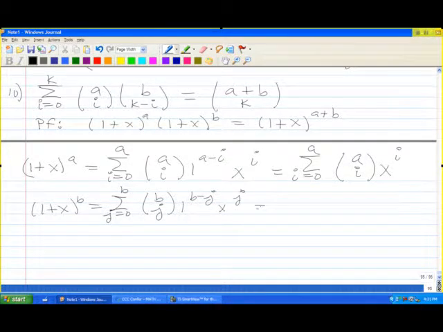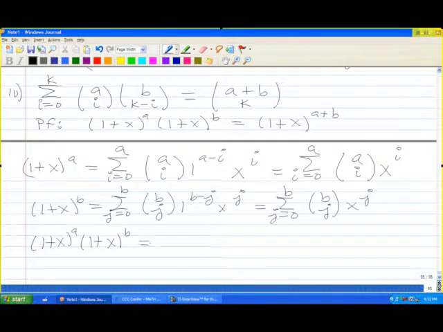And so this is the sum, j equals 0 to b, of bCj x to the j, since 1 to any power is 1, again with that notation.